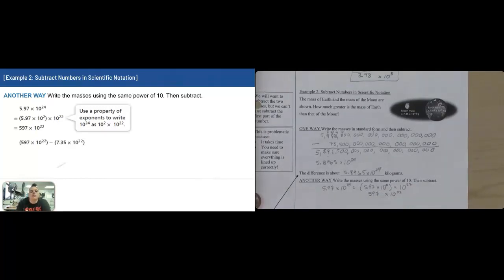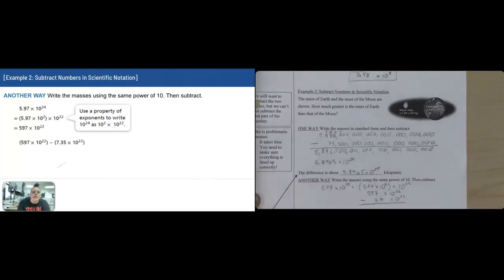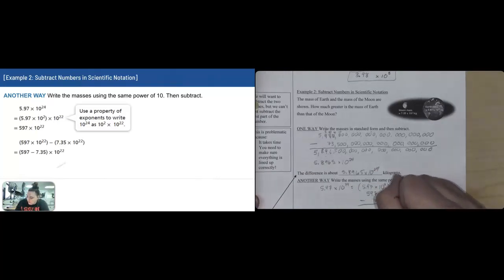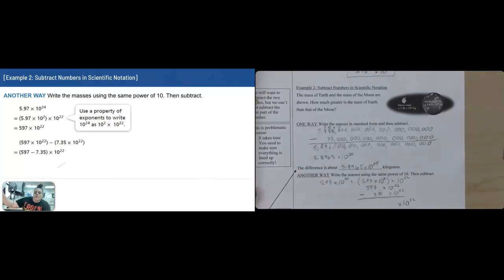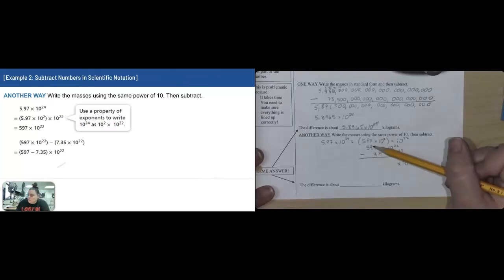Now I can subtract my mass of the moon, minus 7.35 times 10 to the 22nd. When I subtract them, I'm just subtracting the first numbers now because this is going to be times 10 to the 22nd. So I'm just subtracting these numbers.